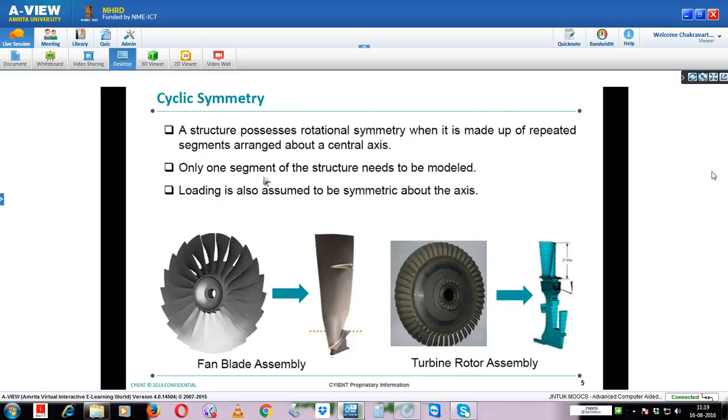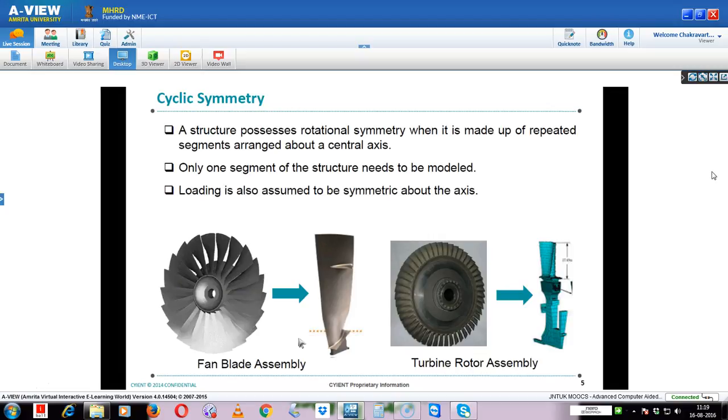Coming to cyclic symmetry, a structure possesses rotational symmetry when it is made up of a repetitive segment arrangement about a central axis. If you see this fan blade assembly, it consists of some number of blades. All the blades are similar. There won't be any variation.